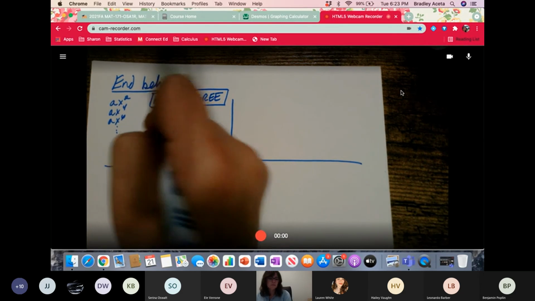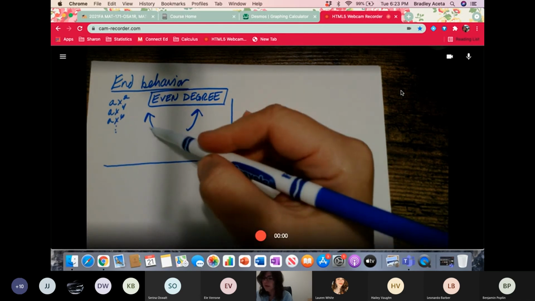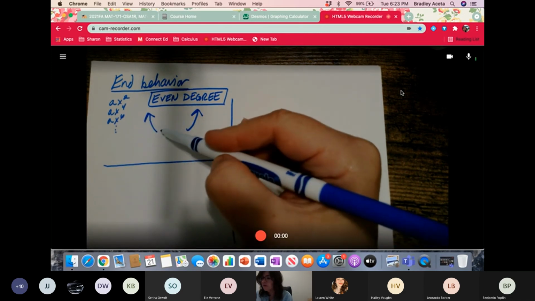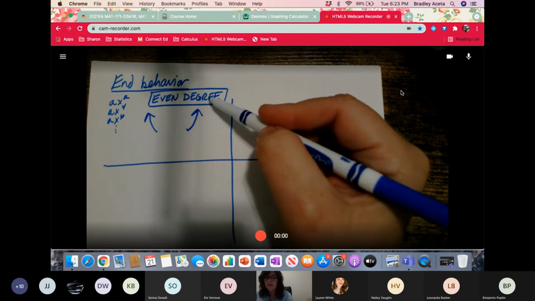Up, up. There's all this stuff in the middle. If it's a degree 4, it could be a W, so it could go down and come back. But it always will start up and end up.